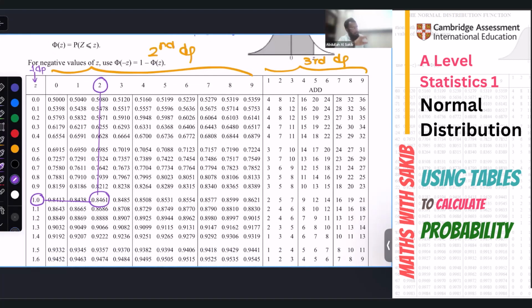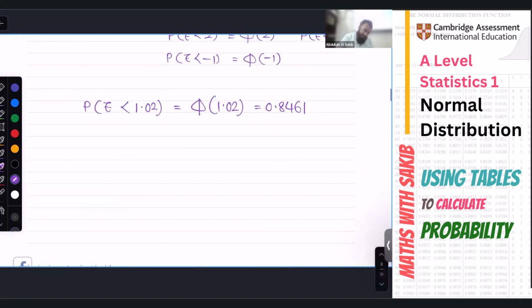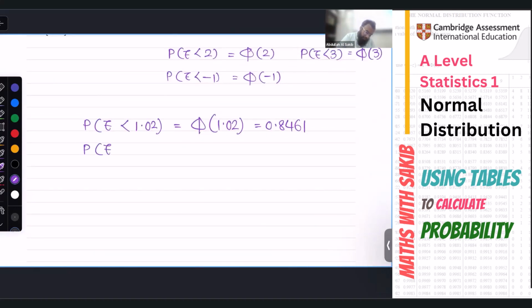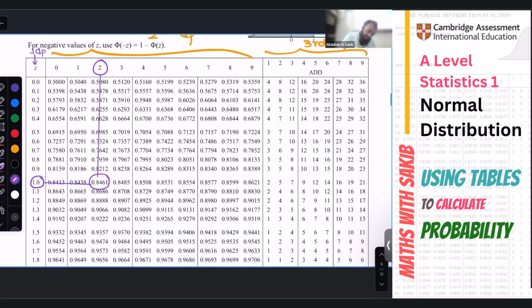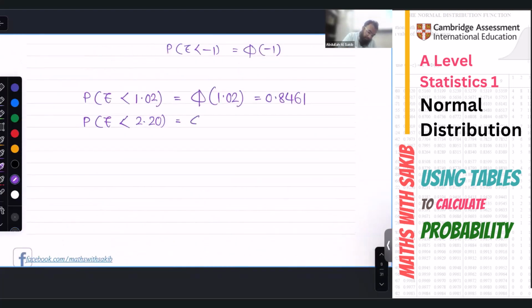Okay, next. Suppose I say probability of Z is less than 2.20. Can you find the value? Z is less than 2.20 means what? Phi 2.20.